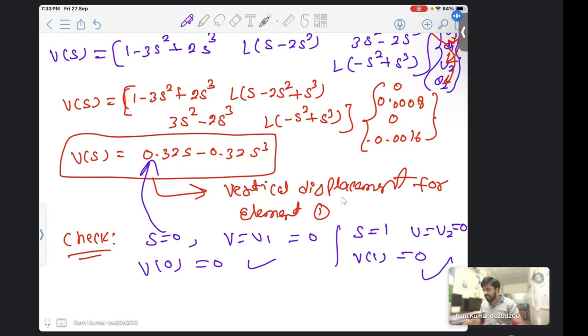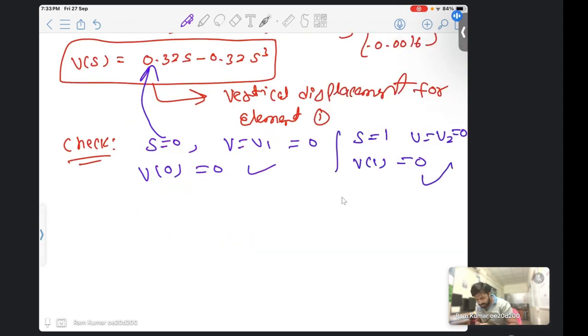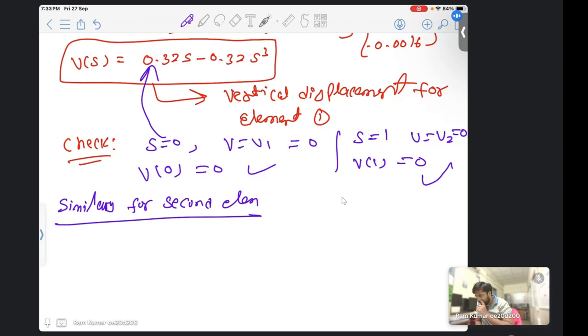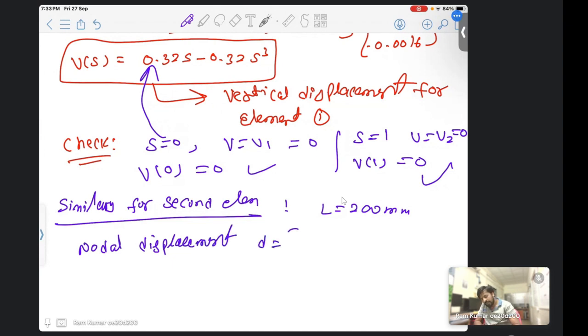Similarly, for the second element we have to find the displacement. The length will be 200 mm, and the nodal displacement d equals v2, theta 2, v3, theta 3 transpose.